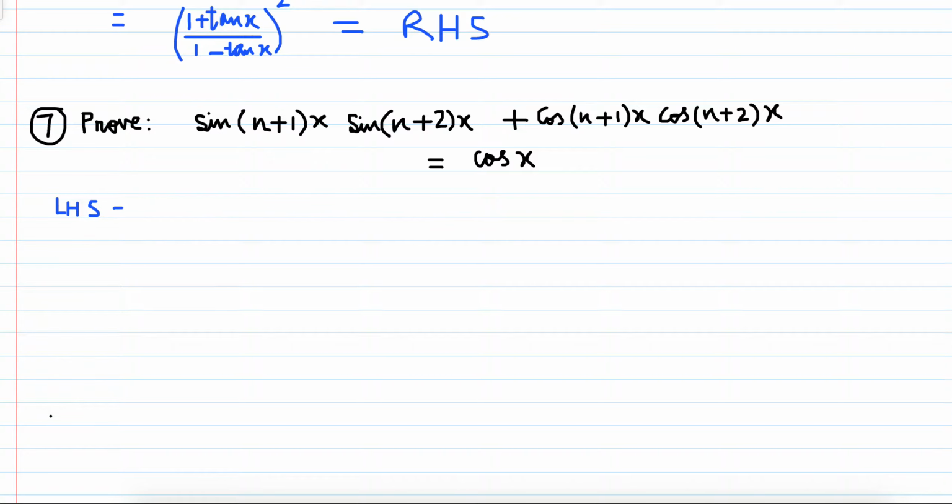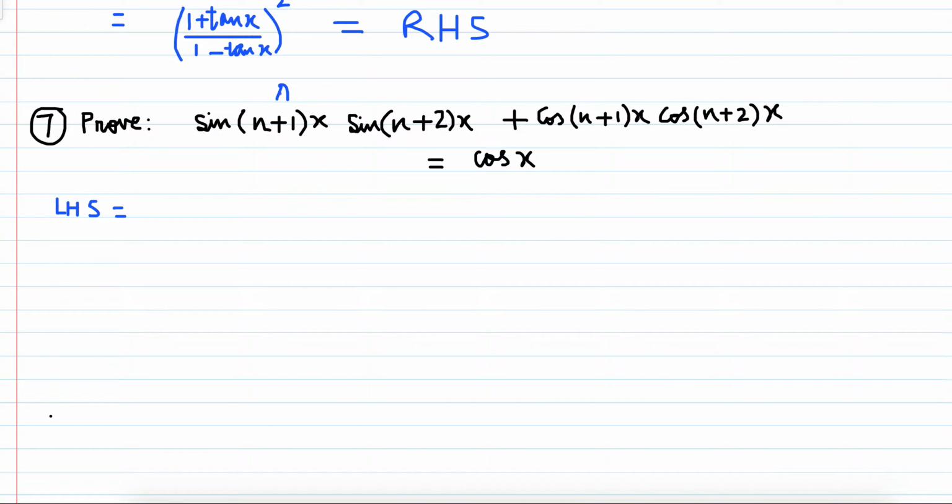So we have sin (n plus 1)x sin (n plus 2)x plus cos (n plus 1)x cos (n plus 2)x. So it's in the form of sin x sin y plus cos x cos y, or cos x cos y plus sin x sin y. So this is the first angle.